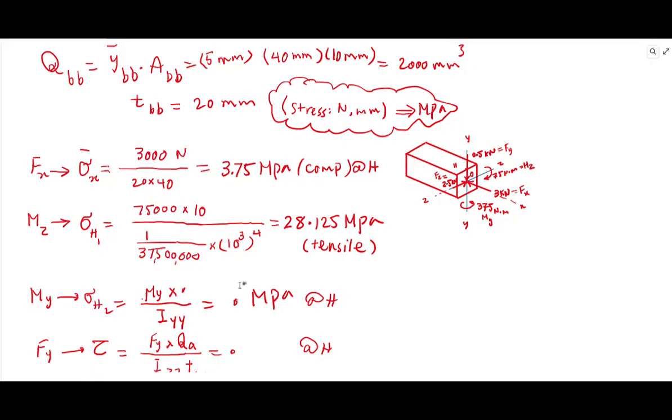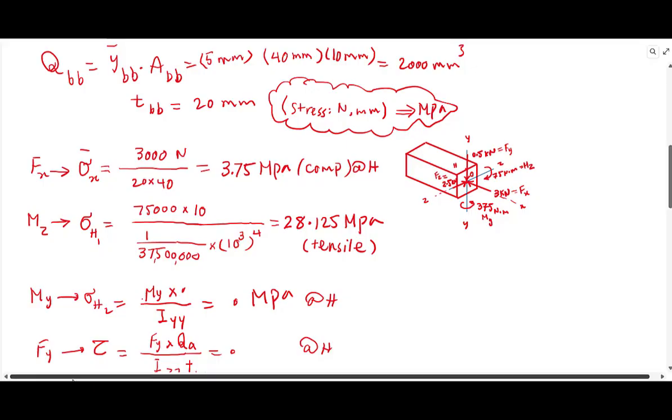And then due to the shear force Fy, because H is located at the free surface, the transverse shear stress here is the shear multiplied by Q divided by I T. With Fy, Q becomes zero at point H, with ZZ being the neutral plane, so no shear stress develops at H due to Fy.